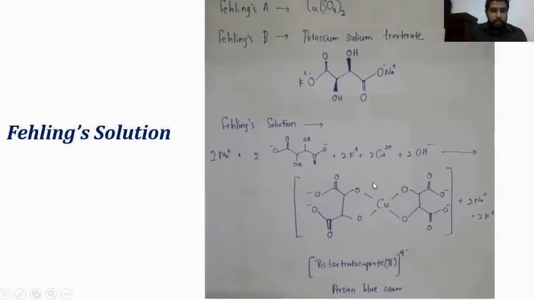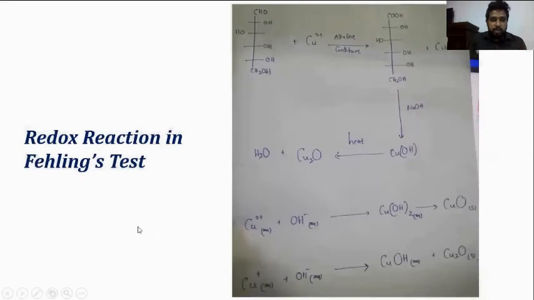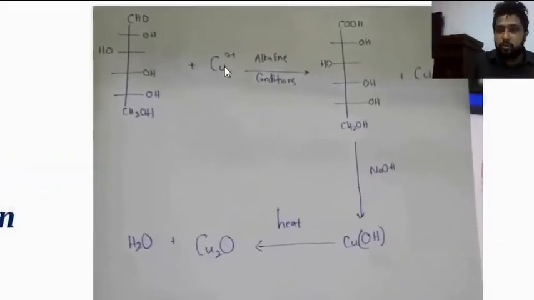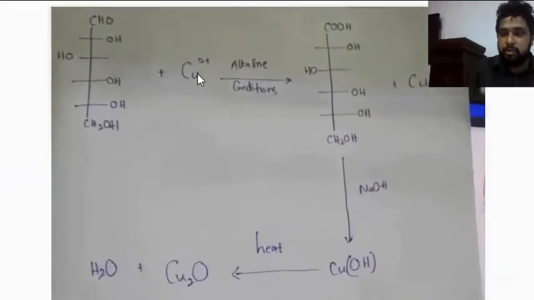Then this is the redox reaction in the Fehling test. Cu2 plus will reduce into Cu plus. Cu2 plus is in the Fehling's solution, and that means the oxidizing agent is the Cu2 plus. Then it will turn into Cu plus. I have drawn a chemical structure.